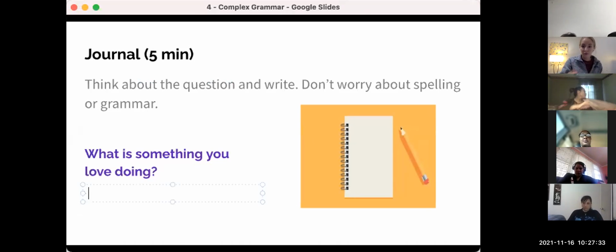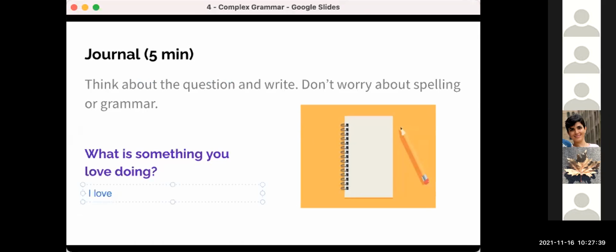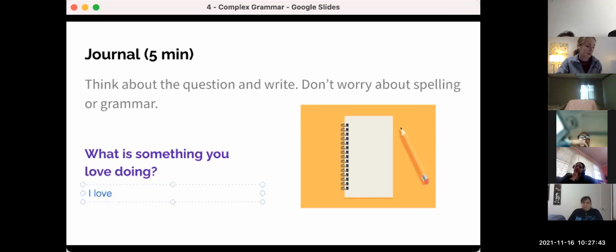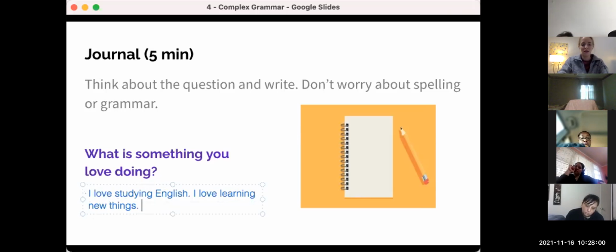We can begin the sentence with the subject I, main verb love, and then finish the sentence with the gerund of your choice, the activity that you love doing. So for example, I love studying English, or I love learning new things.